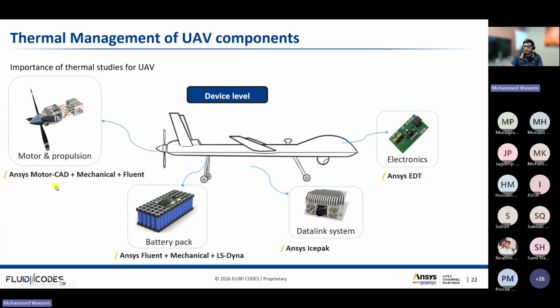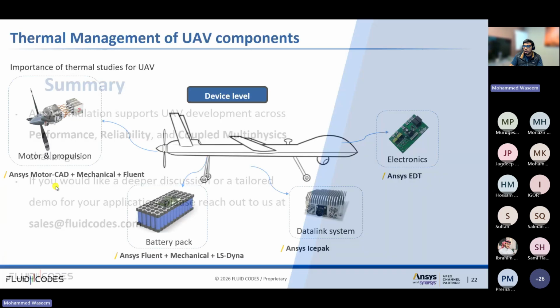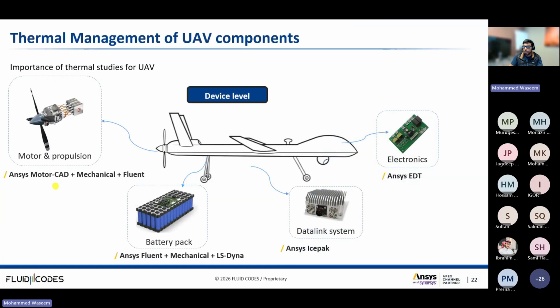So for an example, you have ANSYS motor and propulsion as a physics. You're going to use Motor-CAD plus Mechanical and Fluent to understand those losses and to see how the heat is actually removed.